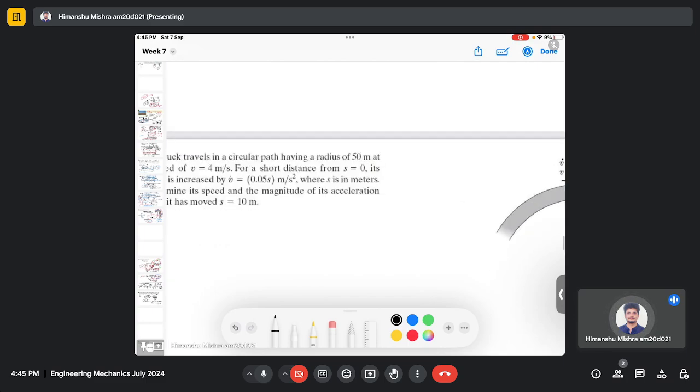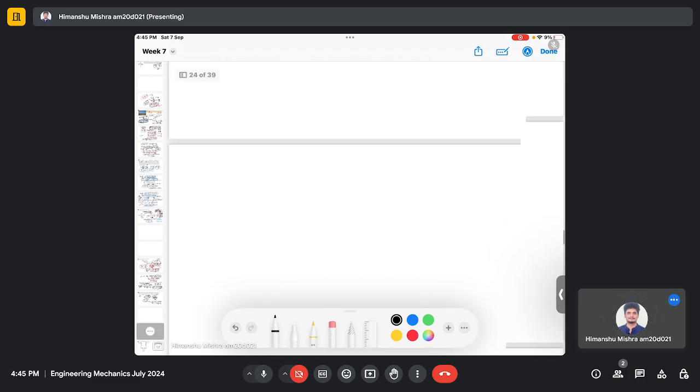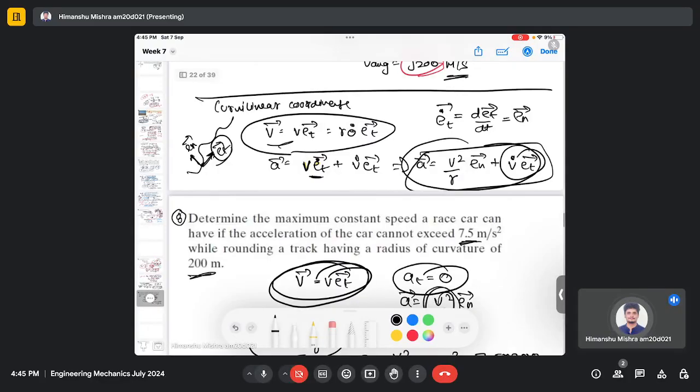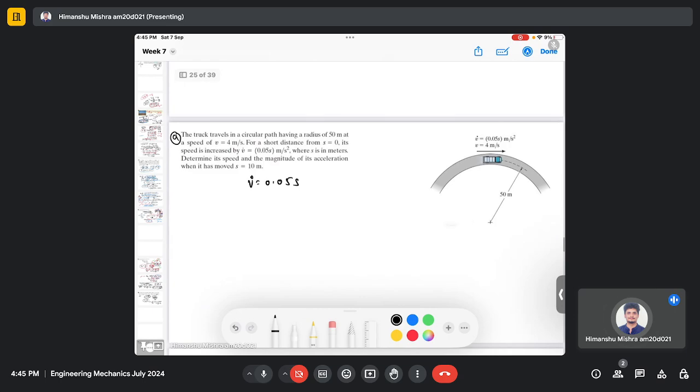So we are given v dot, which is 0.05 s, and you can see that this v dot is the tangential component of acceleration, which can be defined by a_t, right? So we have been given the tangential component of acceleration, and we have been asked to find the speed and magnitude. So we will be using v dv equals a_t ds.